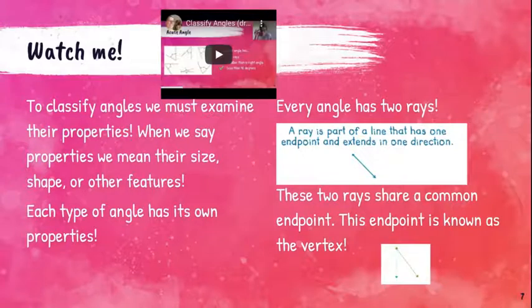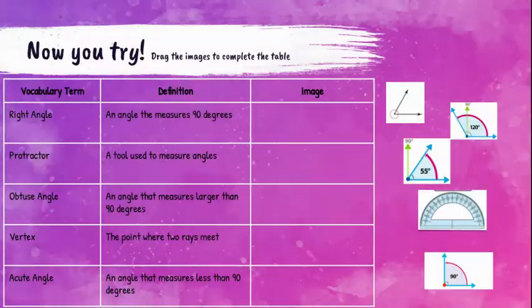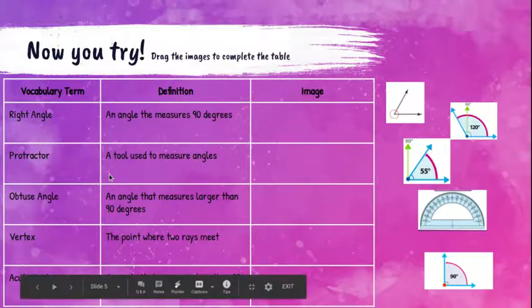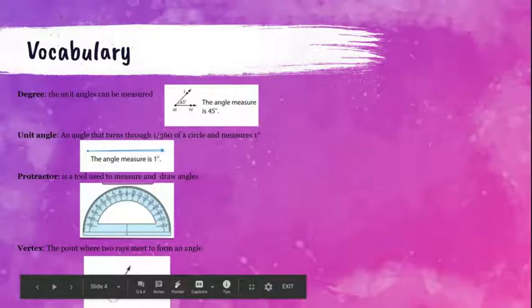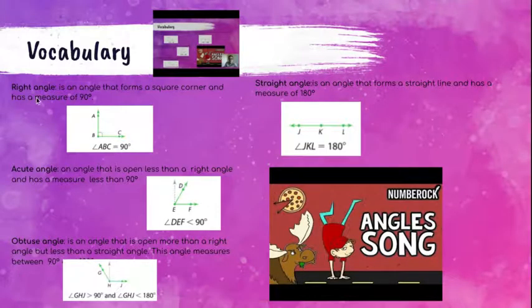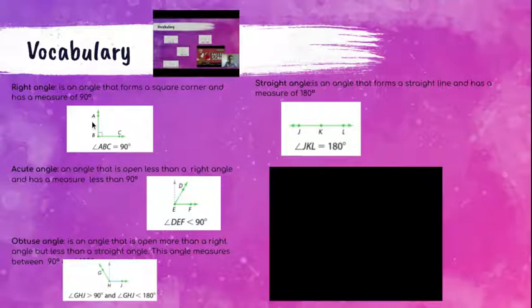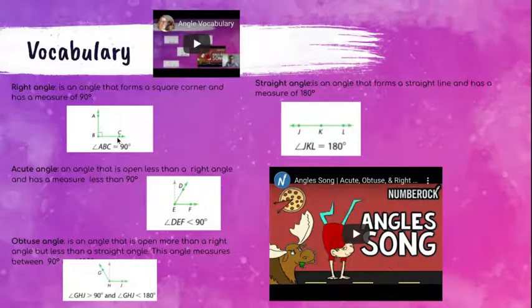So yesterday we learned about those angles: right angles, obtuse, acute, by looking at vocabulary. And remember, right angles are lines that go down and over. They make that box here, and it's 90 degrees.